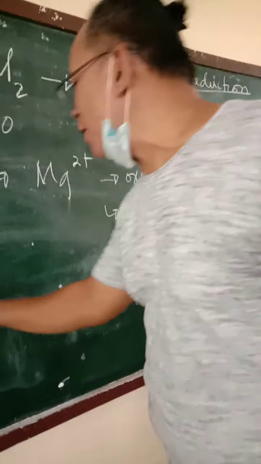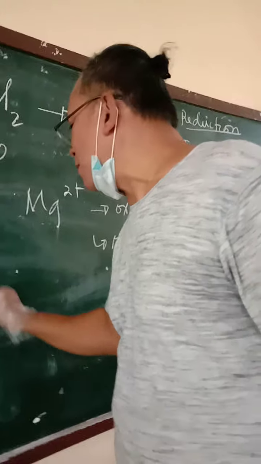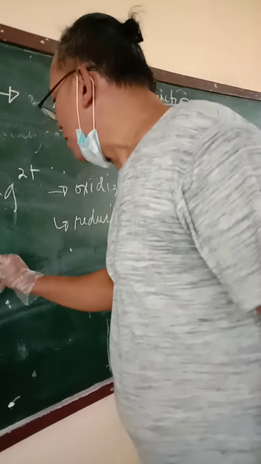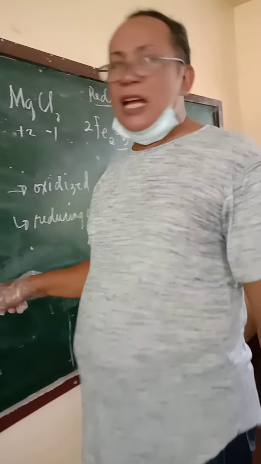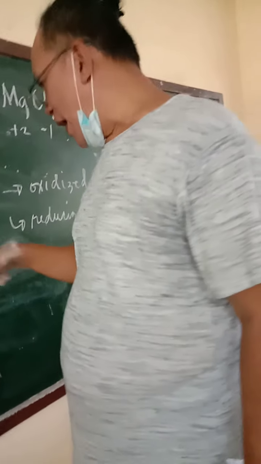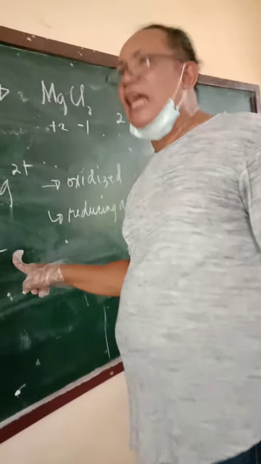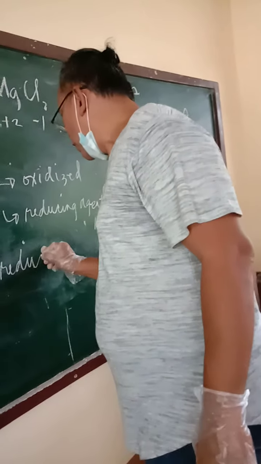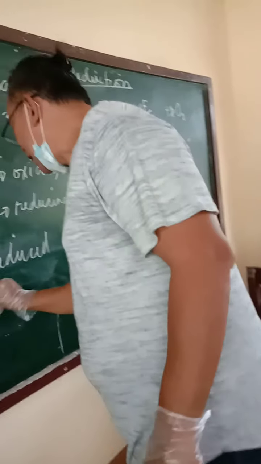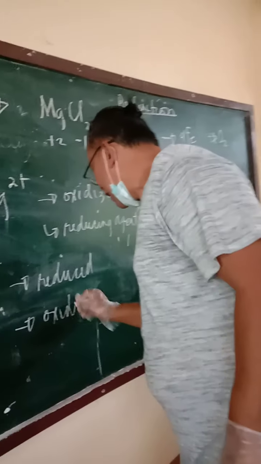In the case of chlorine, chlorine is 0, so it becomes chlorine -1. Since it went from 0 to -1, its oxidation number decreased, so it is said to be reduced. Once it is reduced, it is an oxidizing agent.